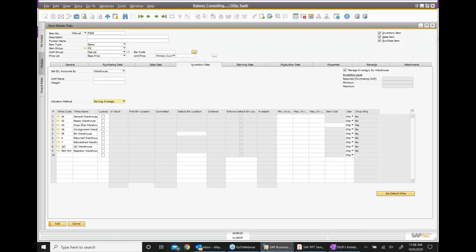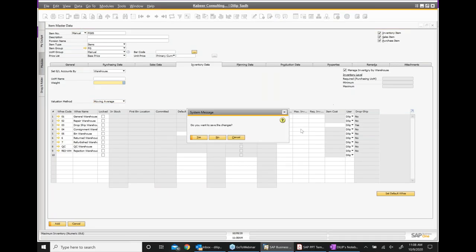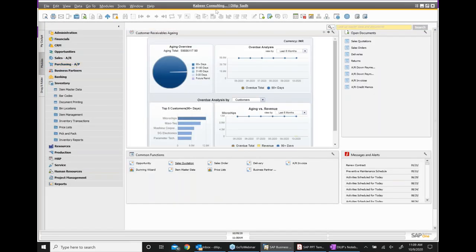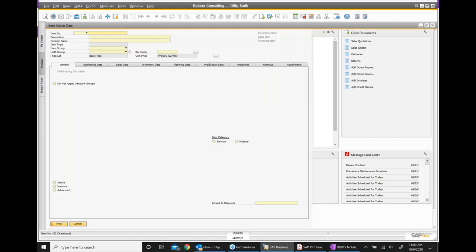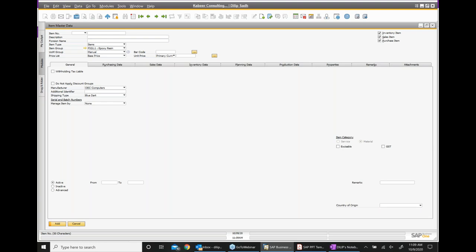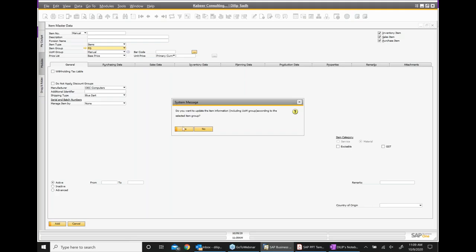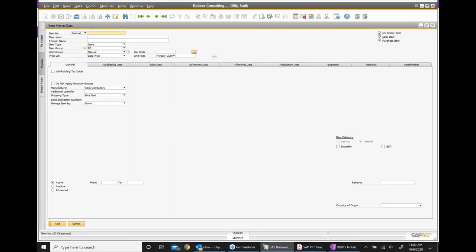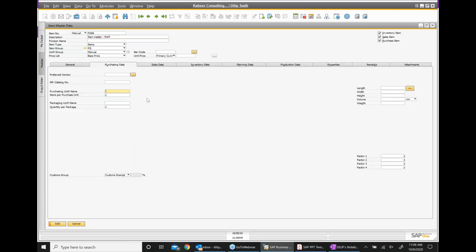So let's say we create a material. We create item master data, and we select finished good. And we create an item called FG06. So it's an item master with the moving average price.